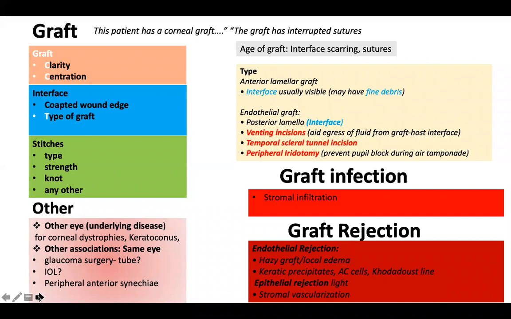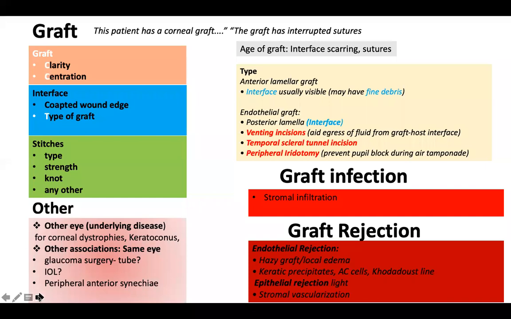We should comment on the stitches, type of the stitch, the strength of the stitch and the knots, and if there is debris or anything else associated with the graft. Then we should comment on other signs in the same eye and in the other eye. We are trying to detect associations and also the cause, why this patient had the graft.